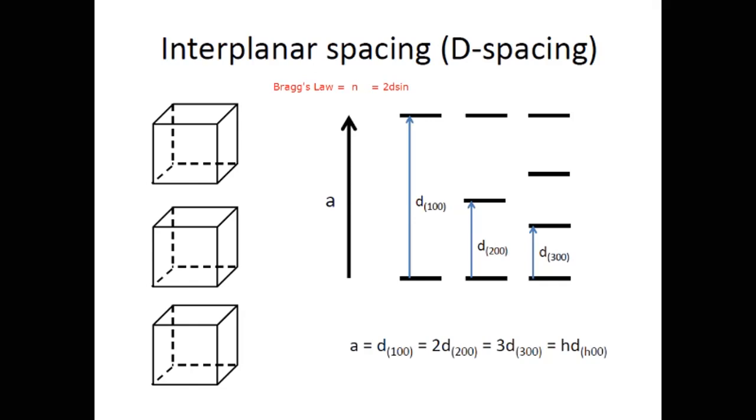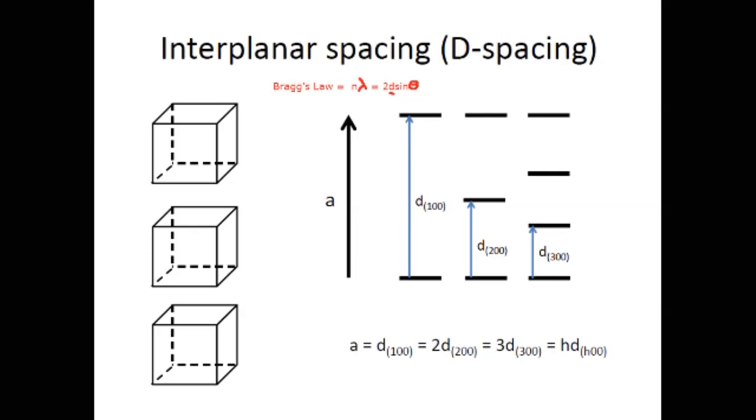So we have n lambda equals 2d sine theta. Now this d is the d spacing between the corresponding HKL plane. So the way we calculate the d spacing is dependent on the type of HKL plane it is.